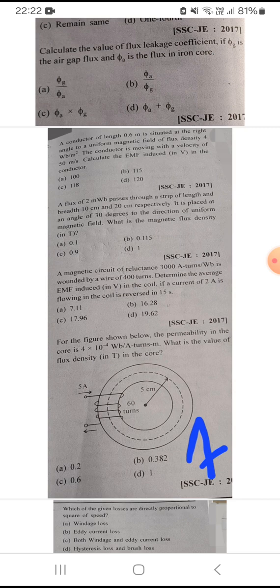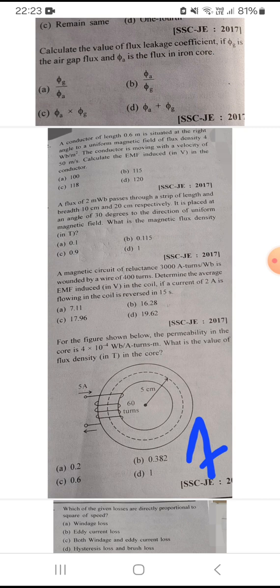The options are A 100, B 115, C 118 and D 120. We know that B is equal to 4 Weber per meter square, L equal to 0.6 meter and V is equal to 50 meter per second. So we have E equal to B into L into V. So 4 into 0.6 into 50, that is 120 volt.